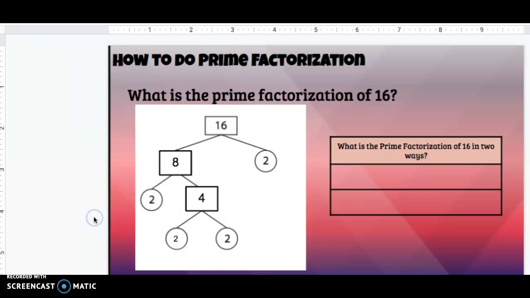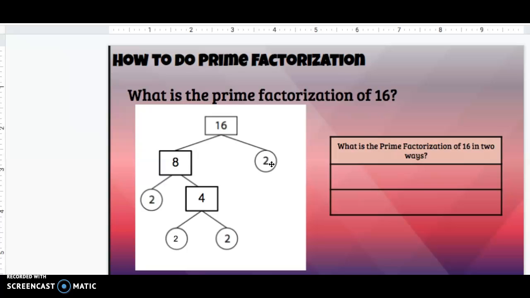Now, when it's circled, do you notice we do not put tree branches on it? That's because we don't need to break it down, because 2 times 1 is the only way. And like we've stated before, 1 is neither prime nor composite, so we don't use 1 in the breaking down of a composite number.